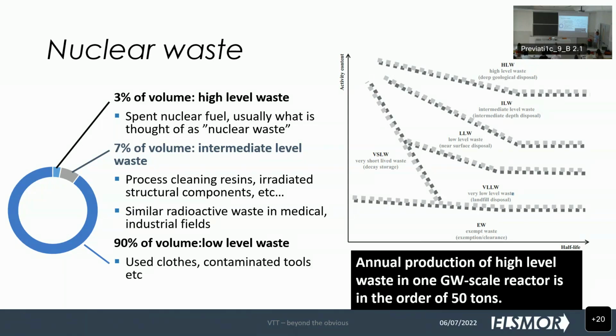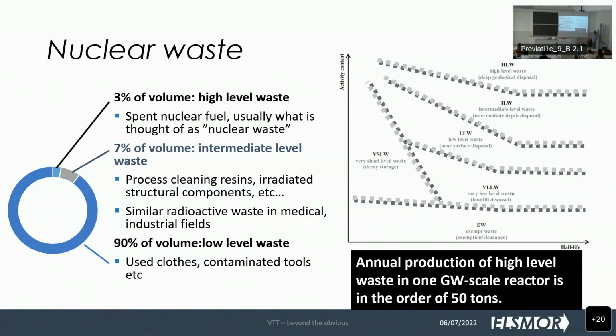This needs to be taken care of, but the high level waste is a bit harder to take care of, and this is the main issue. Fortunately, it's the smallest in volume. A large nuclear power plant produces about 50 tons of waste annually, which would fit very well on that podium.